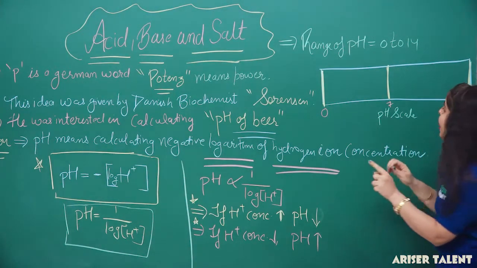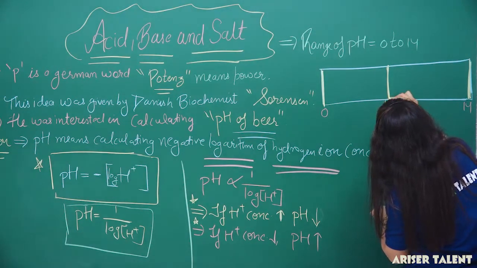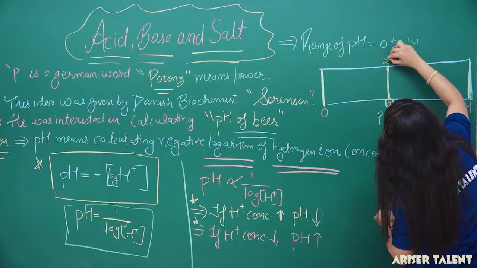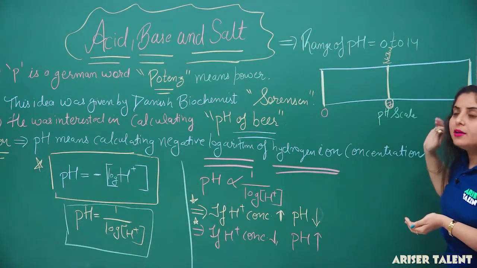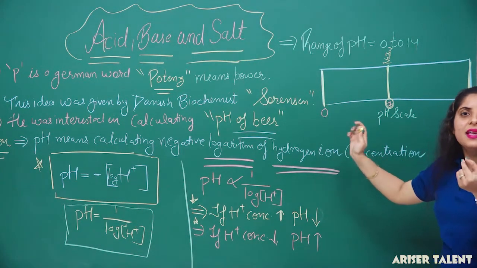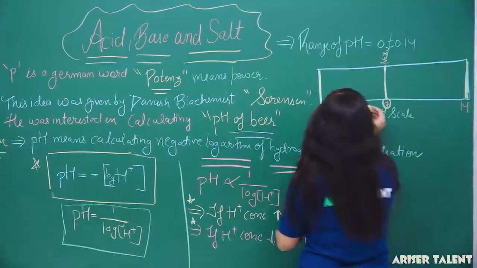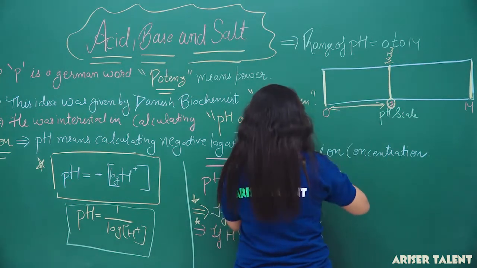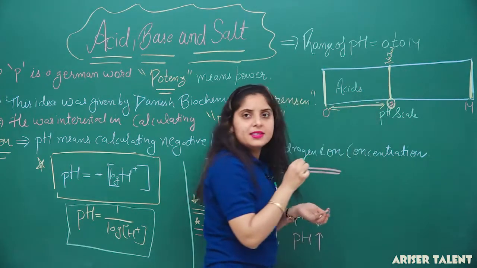If the solution has a pH of 7, the solution will be the neutral one. A pH less than 7 is considered in the category of acids. So if the pH lies between 0 to 7, the category is known as acids.